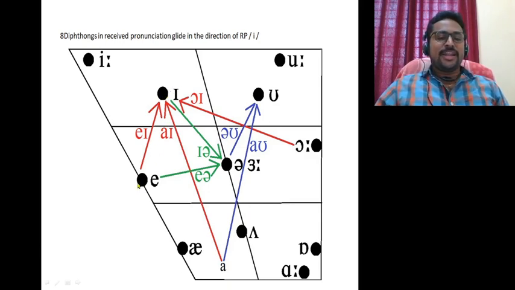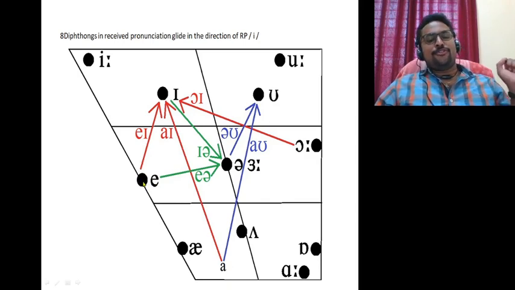The sound is generated at the half-open, half-closed position, and it goes and ends at the place of e.